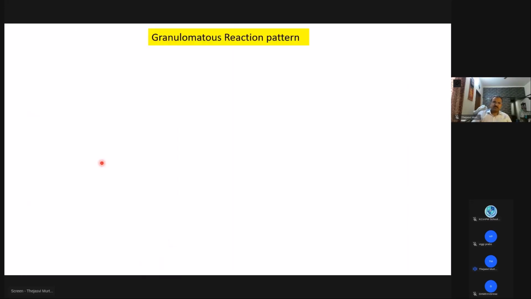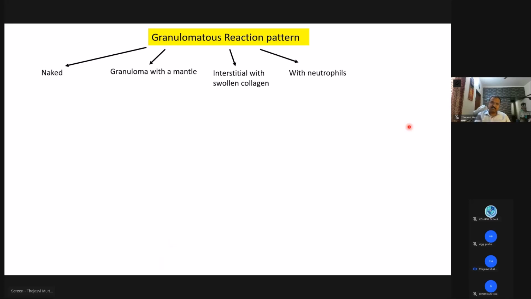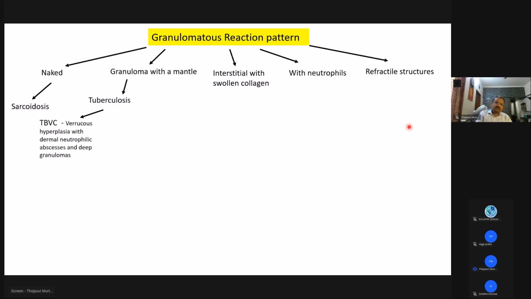So now coming on to the algorithm of the granulomatous reaction pattern. This is fairly simple and most of you can easily remember this. One is naked granulomas, granulomas with a mantle meaning lymphocytes around them, interstitial with swollen collagen, and with neutrophils or with refractile structures. You would have deduced the diagnosis by the time you see this division. Sarcoidosis is naked granulomas; granuloma with a mantle is tuberculosis.